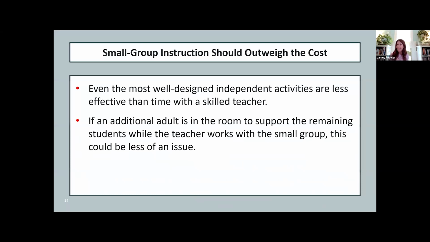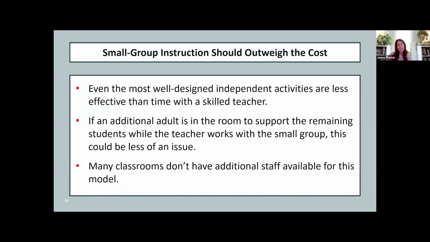And that might mean that if there is an additional adult available through a push-in model or through an instructional support staff member, utilizing them during that small group time would be essential. They can either be running a group at the same time as the classroom teacher, or they can be available to problem solve if students need help.